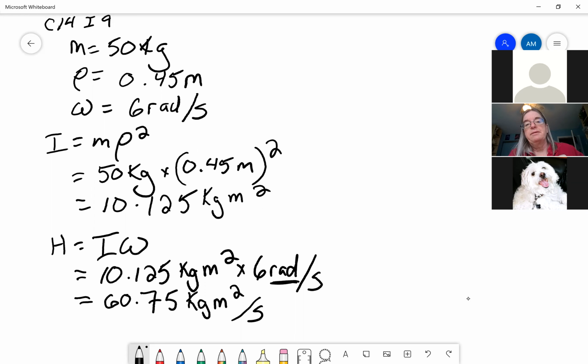Now, looking at that equation for moment of inertia, clearly while they're in the air, they're not changing their mass. I would hope that's not going to happen, but they could definitely change the radius of gyration, and that's in fact what they do. So the mass is still 50 kilograms.